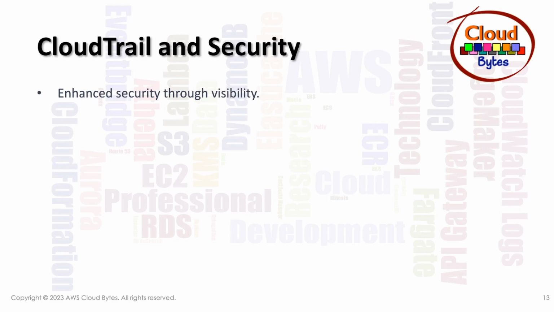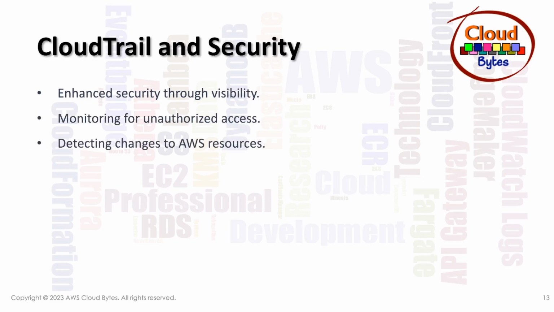There are other tools or services within AWS that can give you some insight, but the details around what activities are being performed can be given by CloudTrail. You can monitor for unauthorized access. You can detect changes in AWS resources and respond quickly.